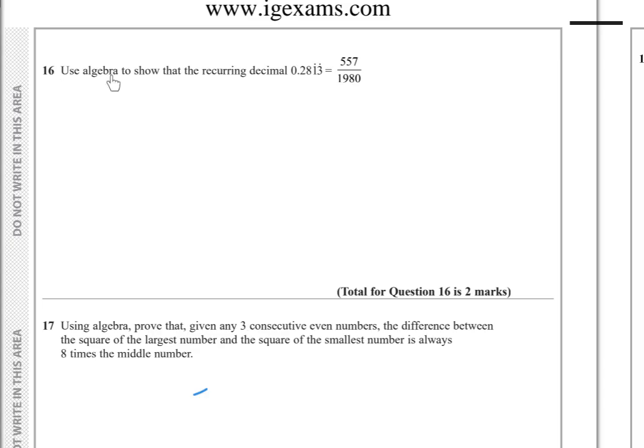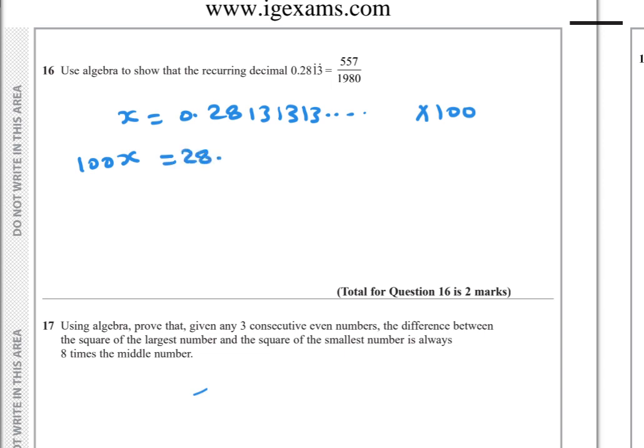Number 16. Use algebra to show that the recurring decimal 0.2813 equals 557 over 1980. So we can write the recurring decimal 0.28131313 and so on. Multiply by 100 because we have 2 digits repeated. So 100x equals 28.13131313 and so on.